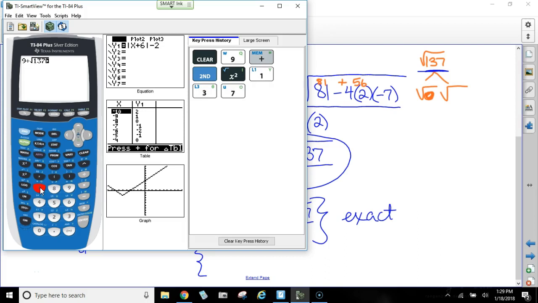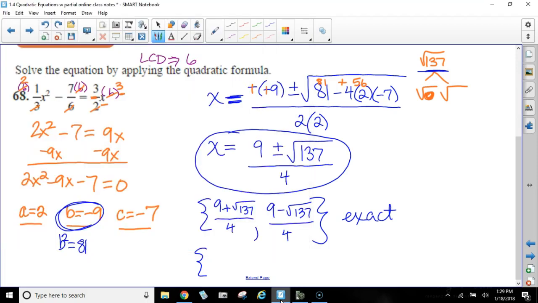Then I hit equals first, and then divide by 4. To the nearest tenth, this one is about 5.2.